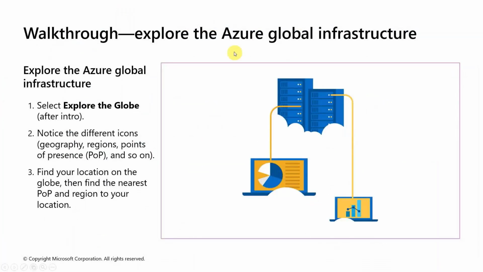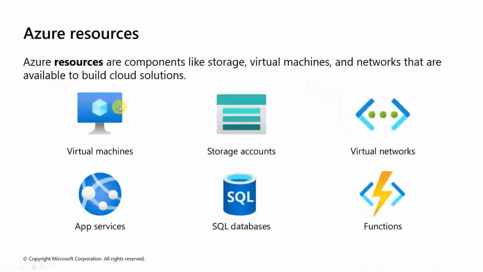Okay, so we have looked at Azure services and resources. Now I am using the word service sometimes, resources sometimes. So all these that you see here, virtual machine, storage account, these are all various Azure services or products. But you will not see the word products everywhere.